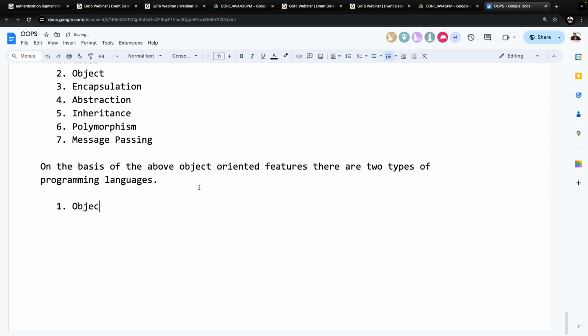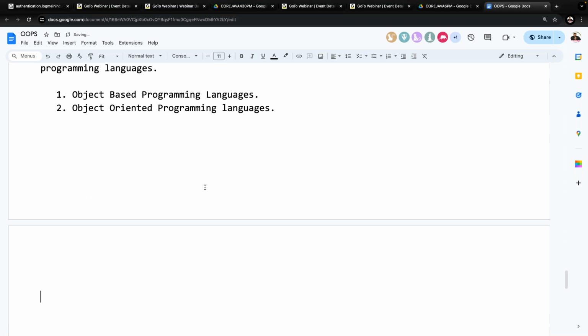The first one is object based programming languages, and the second one is object oriented programming languages.